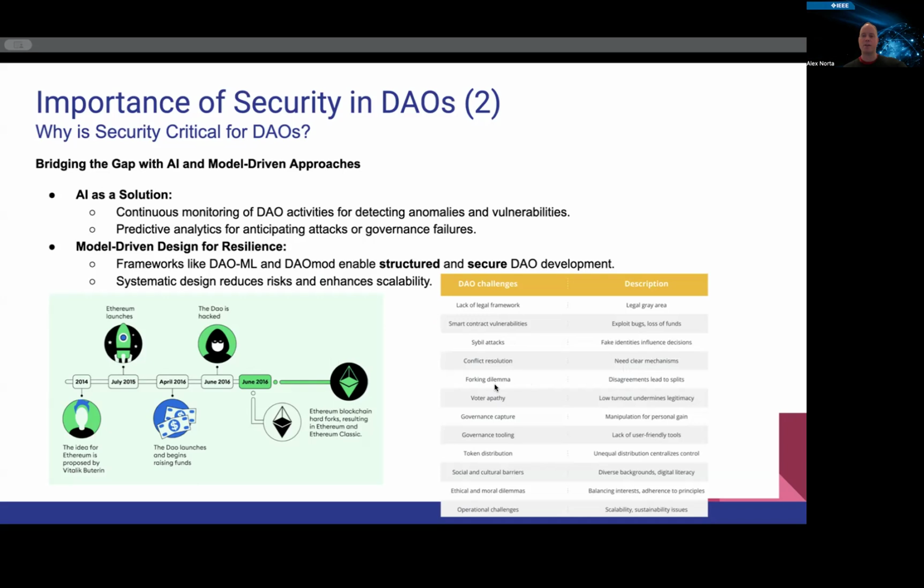Then there's the forking dilemma. Hard forking means that, like in the case of Ethereum, you fork the code so much that even the affiliated tokens cannot be rolled over. So there's a soft fork and a hard fork.